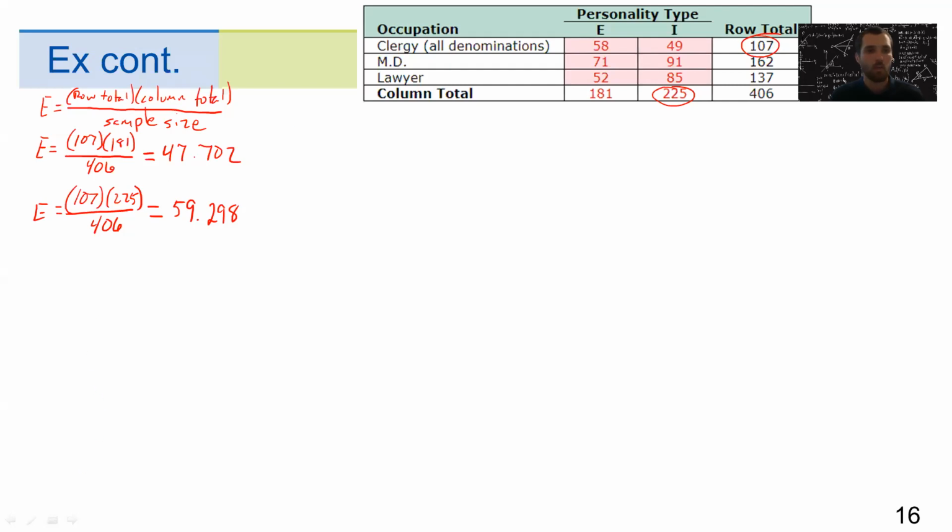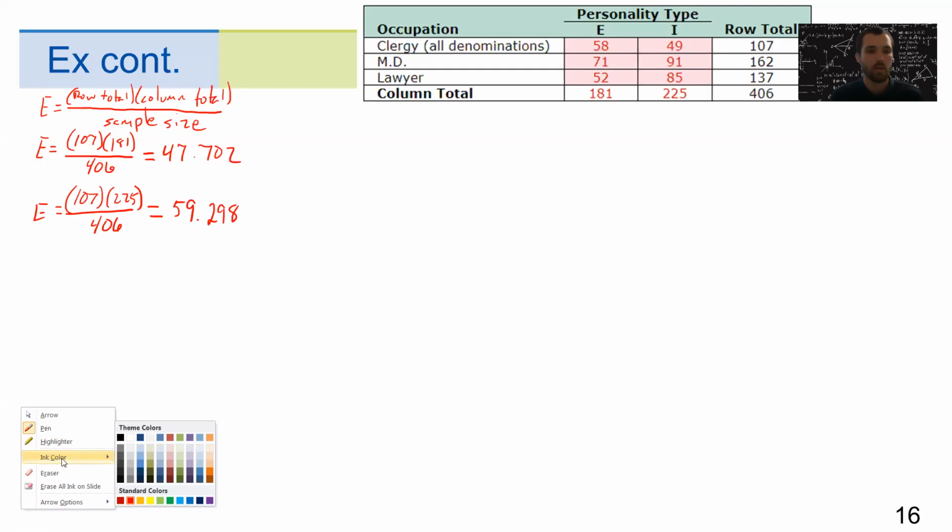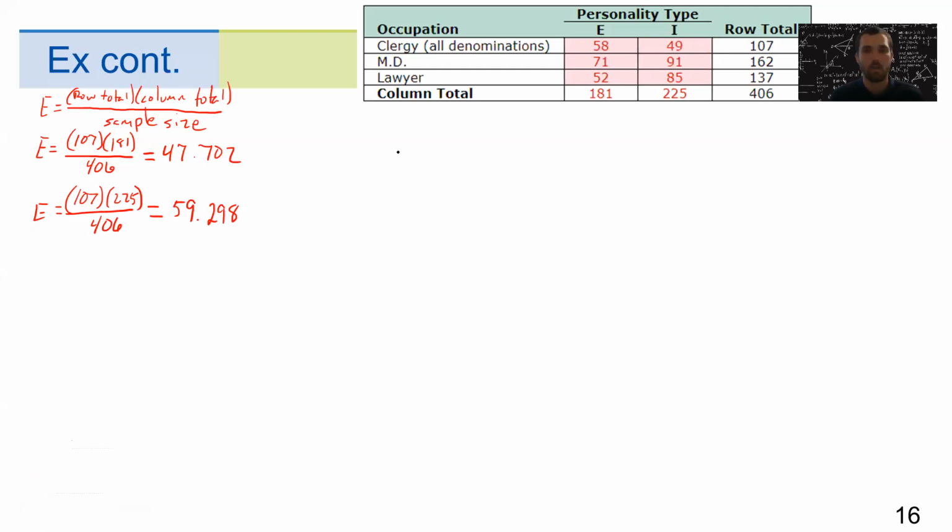So I'm going to work a little faster here to compute all of the other ones, because I need to now compute it for the third cell, and I'll use a different color. So here for 71, my column total is 181, my row total is 162.